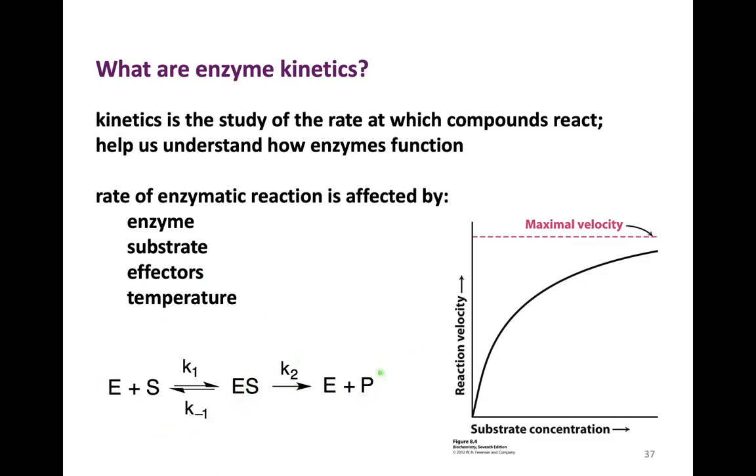And we'll talk more about this particular reaction momentarily, okay? But I just wanted to give you an example of how one might write out a reaction describing the kinetics. This is not the only one. There are many ways. Of course, it depends upon your specific enzyme of interest and substrate of interest.